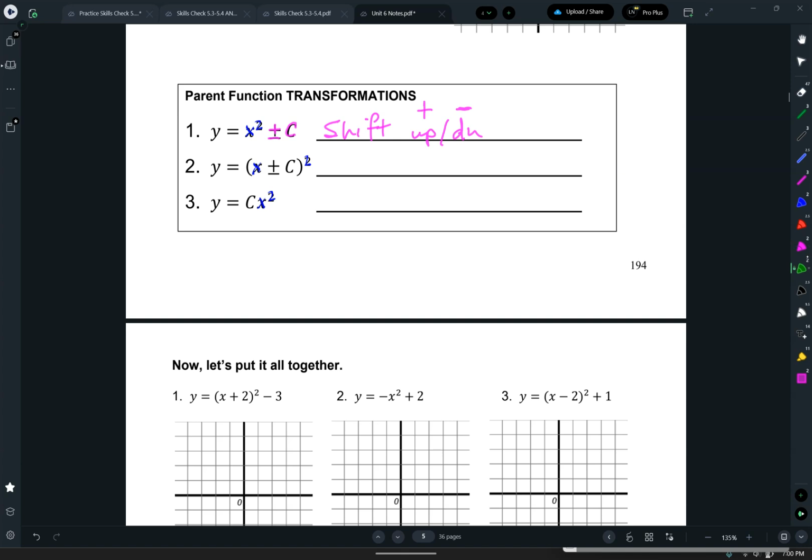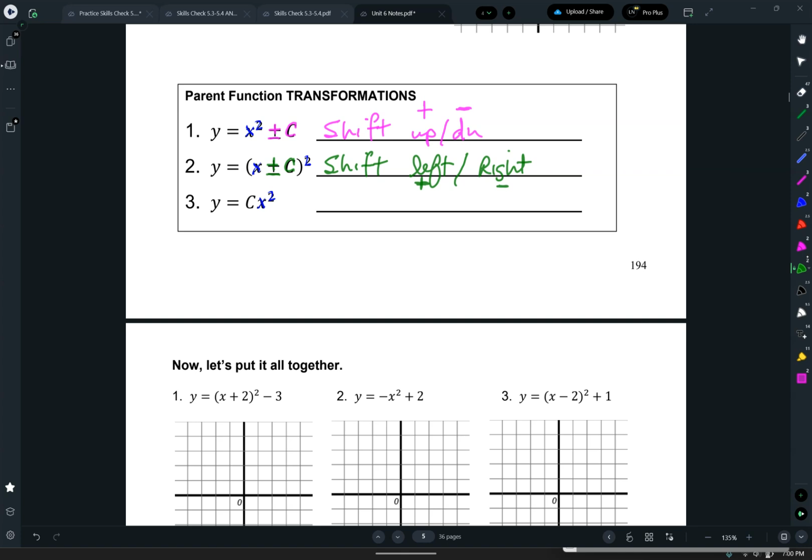The next thing we talked about is if you add or subtract on the inside, we said that's going to shift either to the left or to the right. Again, the left is if it's a plus, the minus is to the right.